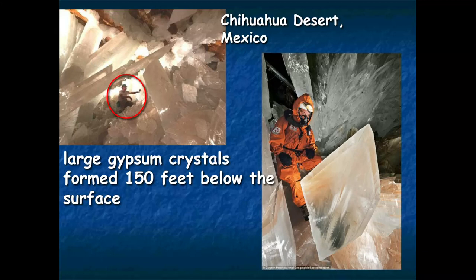But here it is existing 150 feet below the Earth's surface in this cavern. And you can see by looking at the picture that the size of these crystals is huge. I mean, they're larger than an average human being, for example. And in this documentary, Crystal of the Caves, they were so intrigued by this discovery that they allowed every ologist you can think of to go down there and inspect it and take a look.